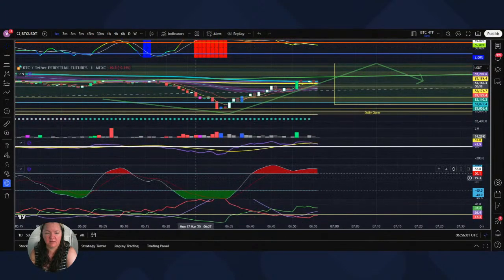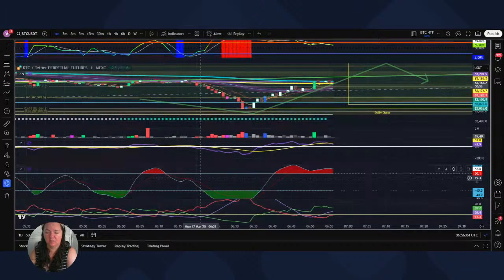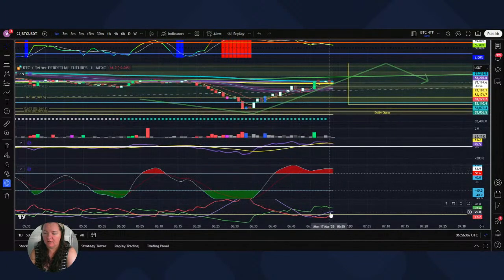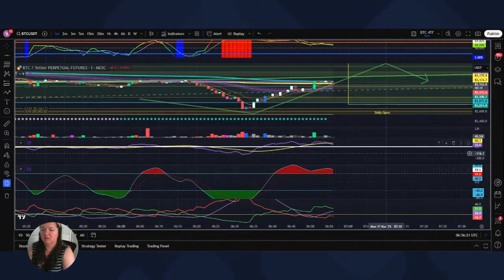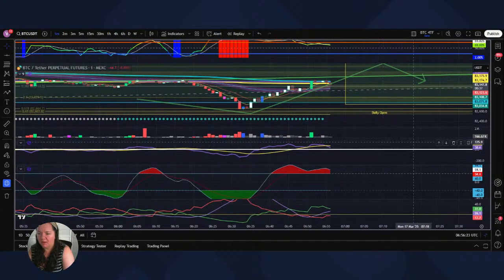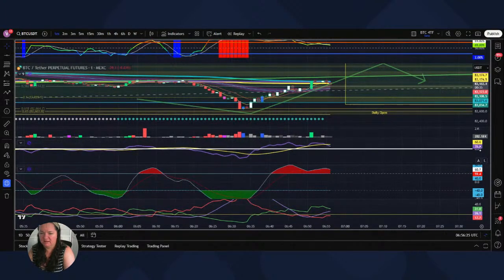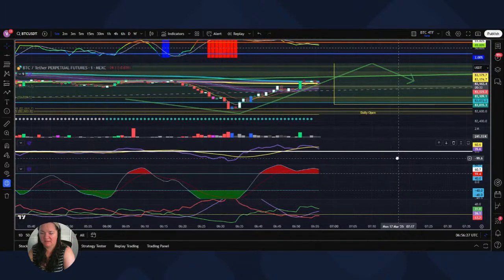So this is my SMI, so it's stochastic, moderated stochastic. ADX, we've got ADX positive and it's over 20. We really like this to be pointing up, but anything over here is a strong move. Going up still, pointing down, not great, but still not terrible. And then this is my modified MACD. It's still above 0.